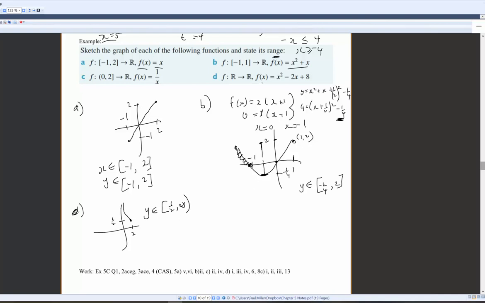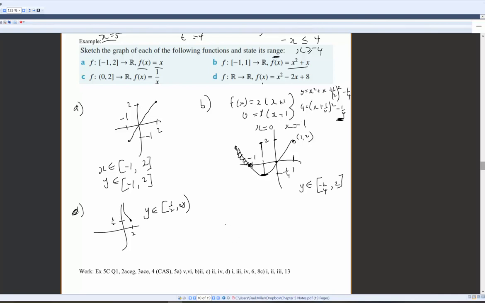Okay, this one here is a parabola, and a similar scenario to this one. I don't actually need the x-intercepts, and I don't think it has any anyway. All I'm going to do is find the turning point, and then take the values from the turning point upwards, because it's an upright parabola.